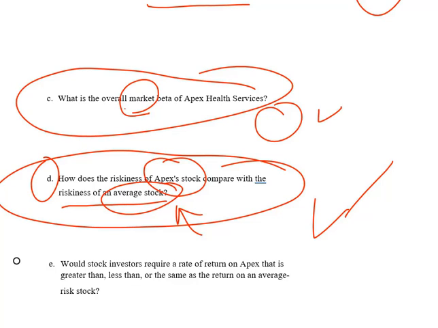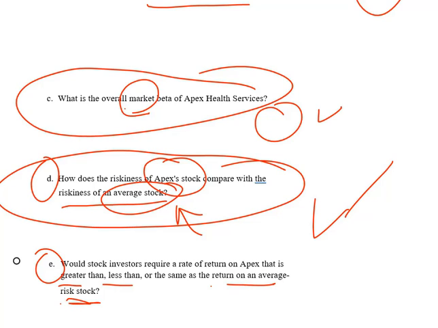This one is more theoretical, no math involved, just as with D, no math involved with E. Would stock investors require a rate of return on Apex that is greater or less than the return on an average risk stock, or the average stock market?